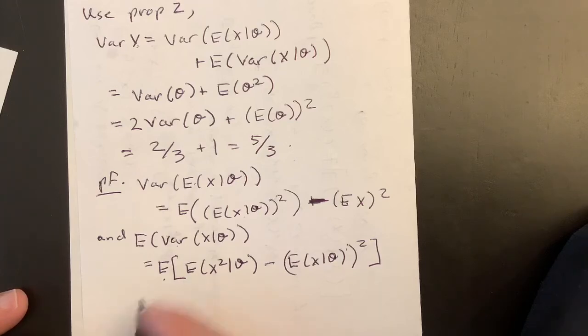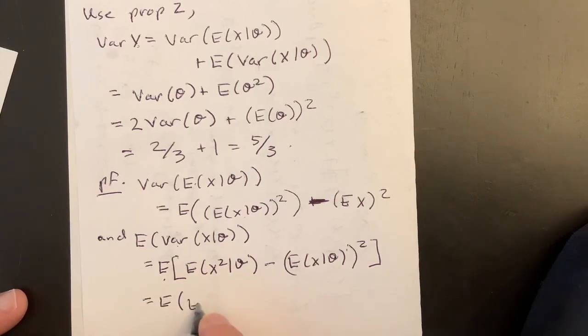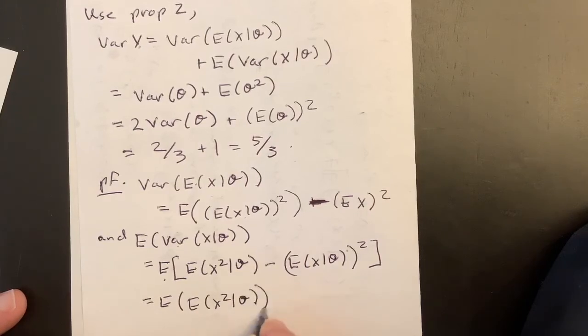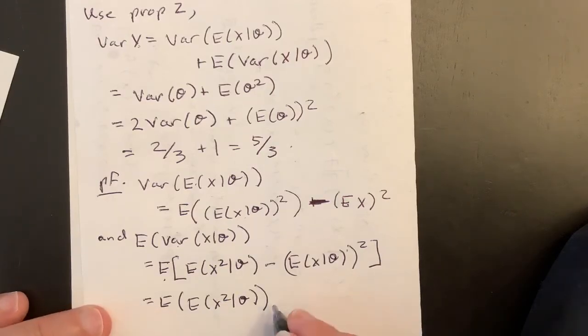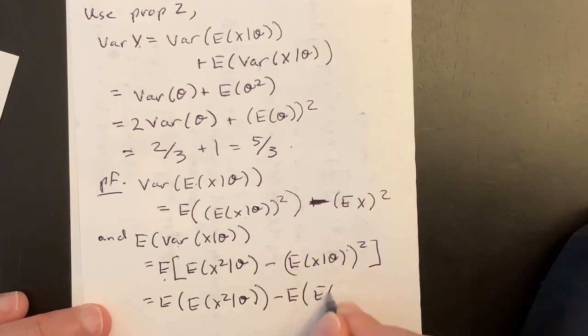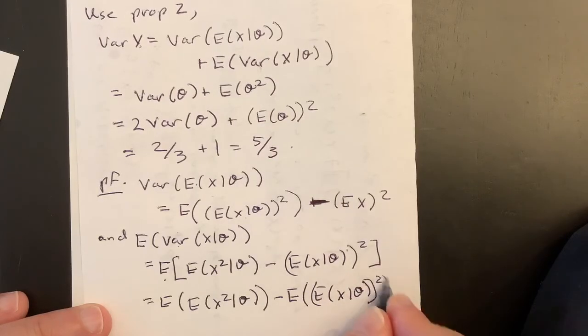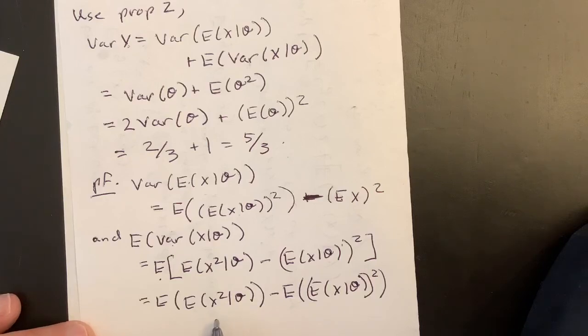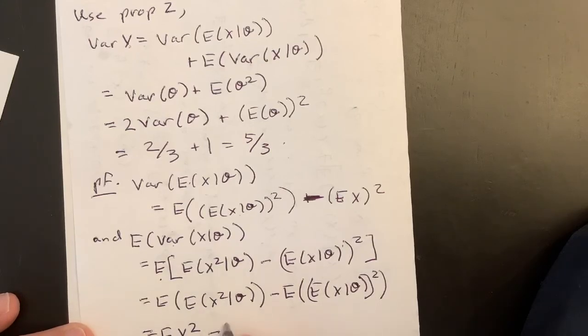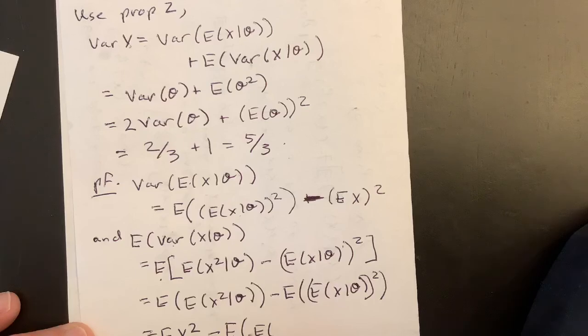When I apply it to the first, I get e of x squared, and the second is minus e of e of x given theta, squared.